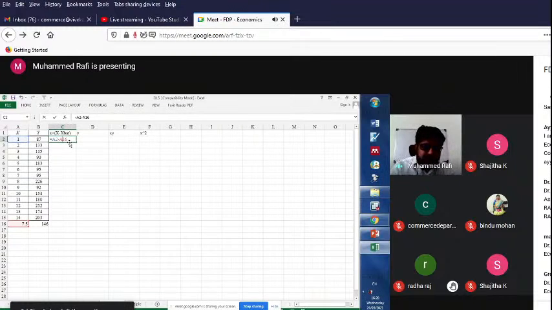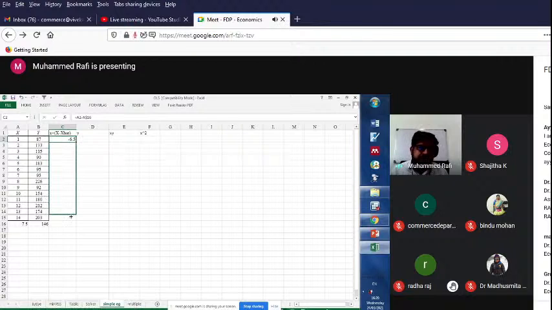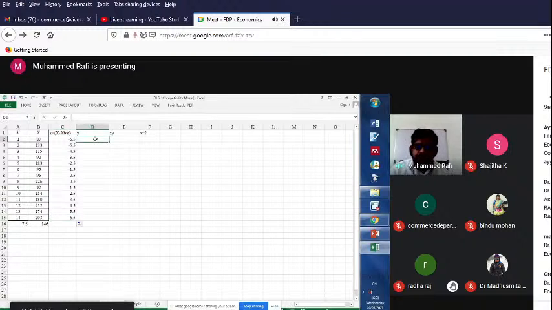Now, I'm giving a dollar sign here so that the mean value, the average value, that cell remains the same, even if you are scrolling down. Now here you can see that all these values give you actual x minus x bar. You can see that the cell which represents x bar doesn't change. Now, in the same way, you can also calculate the value of y minus y bar.